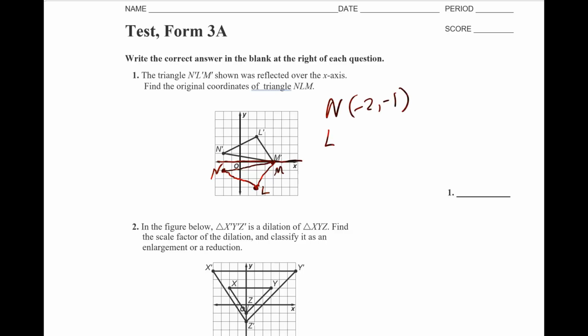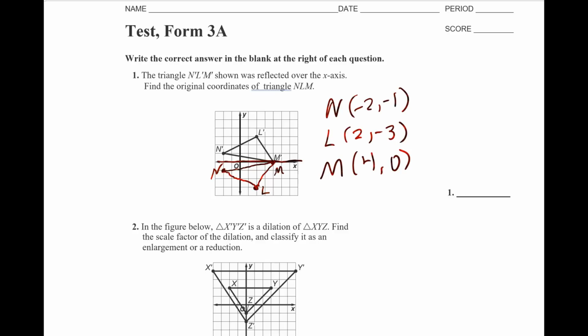L is 1, 2, 2, 1, 2, -1, 2, 3. And then M is 1, 2, 3, 4, and then 0.